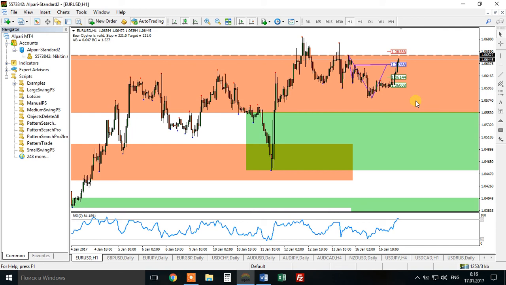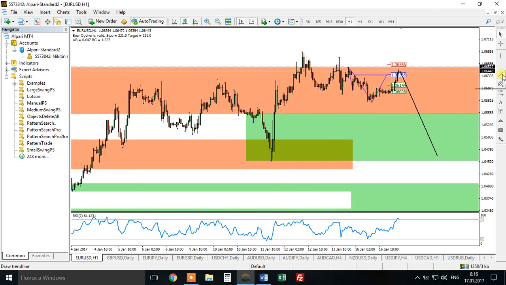Okay, or you can use this cipher pattern as a reason for entry, yes, to see some extended targets of retest of previous lows or something like that. But in this case, you will need to place your stop above the previous highs. So if you end here, just measure your risk to reward.